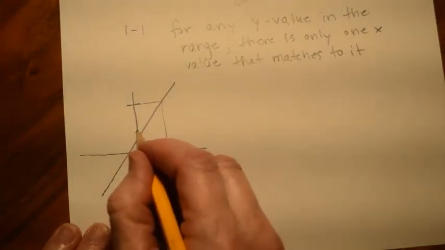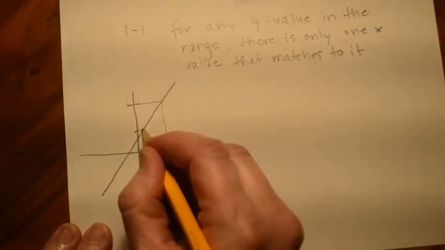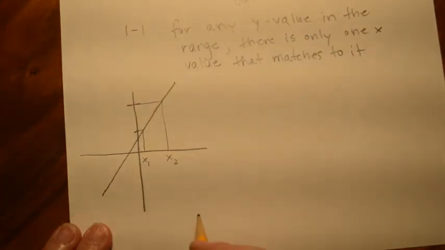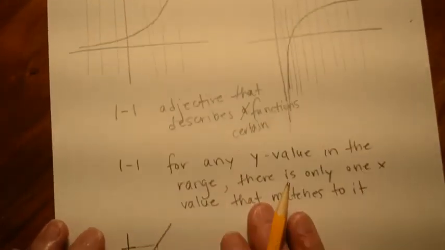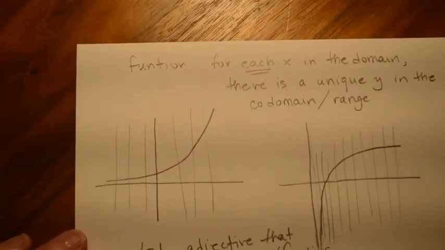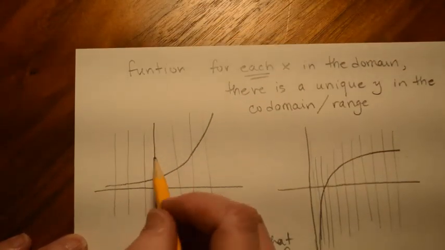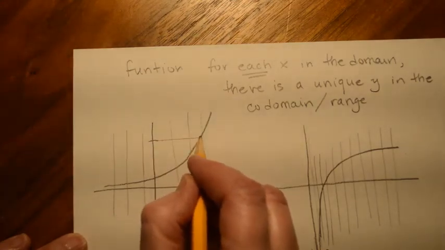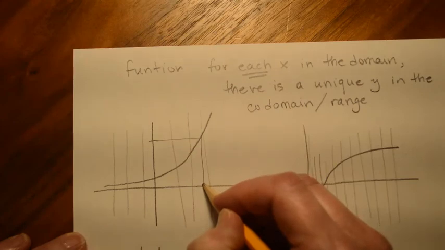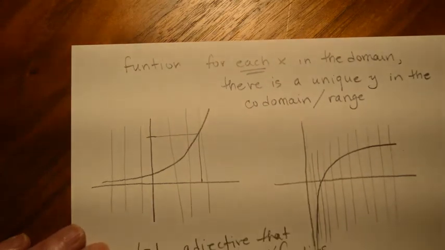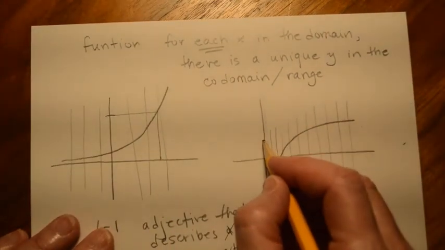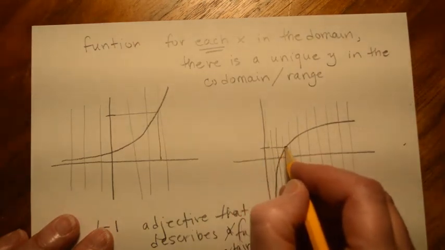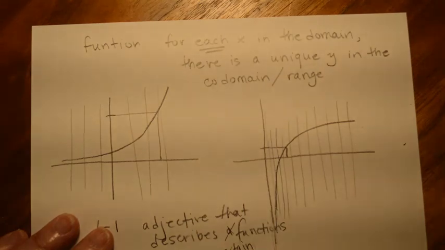I can do that to any y value in the range and I'm only going to come back to one x value. Exponentials and logarithms do that, right? If I take any y value in the range and I go over, I come down here, there's only one x value that created it. Same thing here. If I pick any y value in the range, there's only one x value that created it.